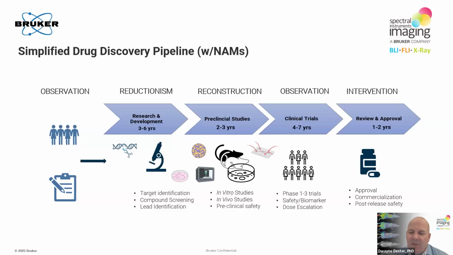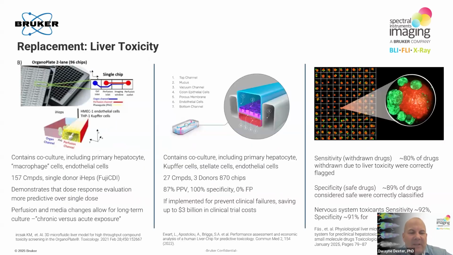So these methods are currently being employed across the early phases of research. I just want to highlight a couple of examples here. Liver toxicity, as you recall, I mentioned drug failure rates. Although oftentimes people think of drug failure, drug approval rates due to safety, that's actually a modest reason for failure in the clinical trial.